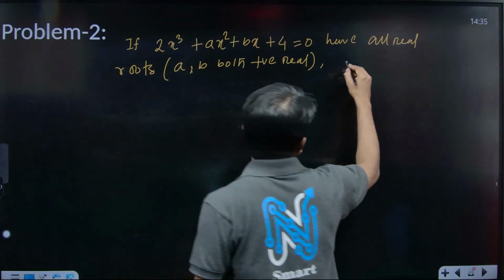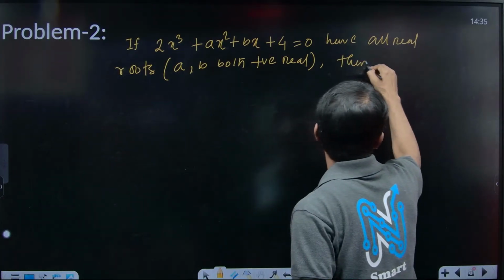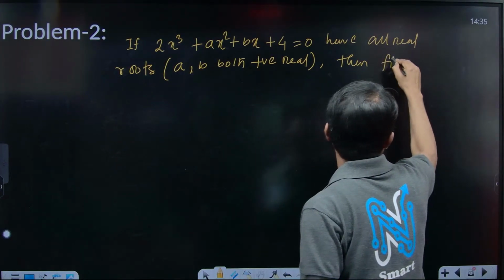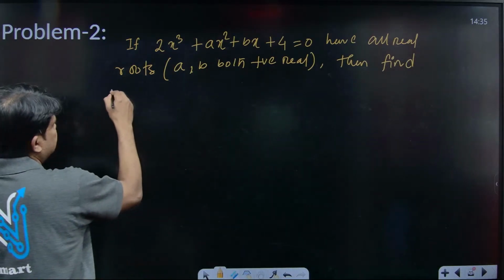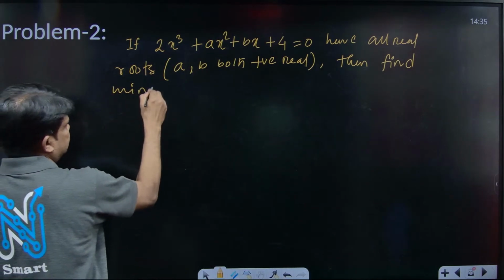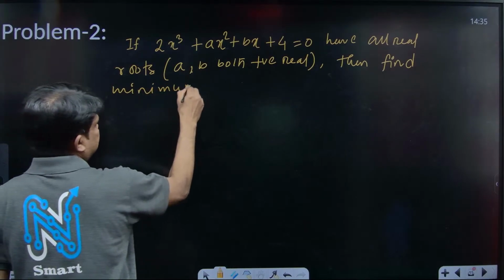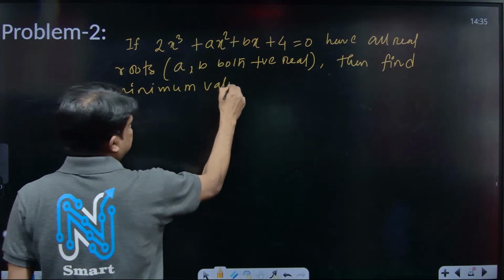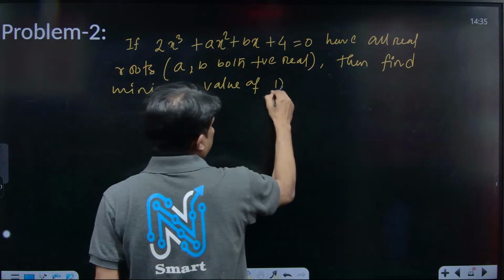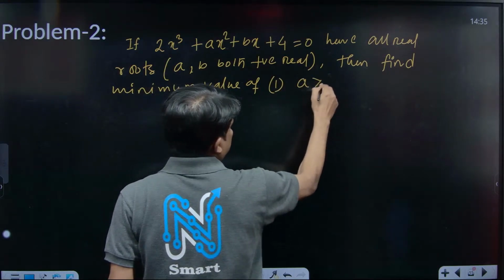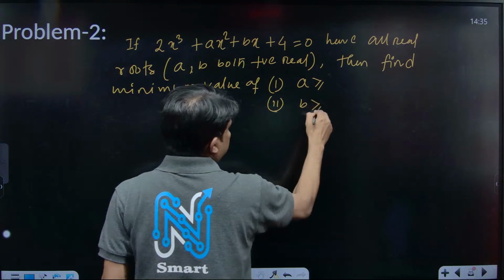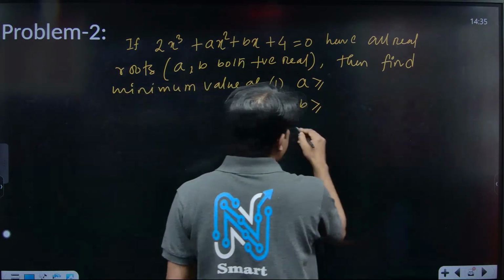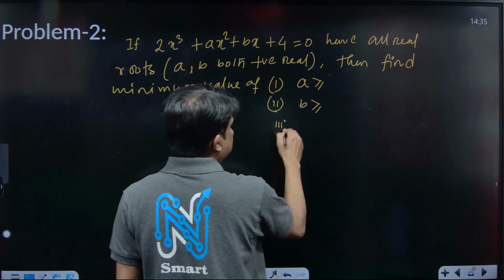Find the minimum value of a as question number 1, the minimum value of b as question number 2, and question number 3 is just to add, the minimum value of a plus b.